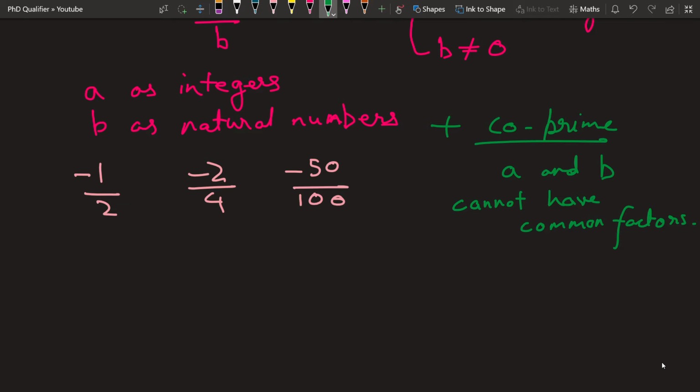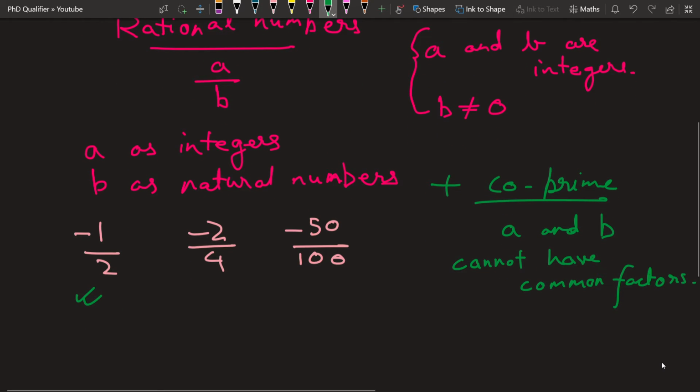For example, -1 is divisible by 1, and 2 is divisible by 1 and 2. So since the only common factor is 1, this is an acceptable definition of a rational number if you include the coprime parameter.